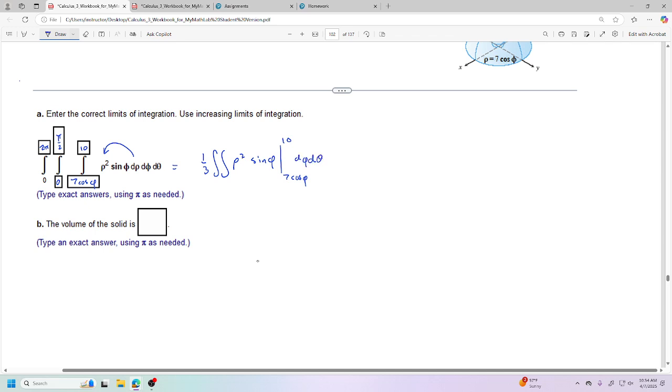Oh, that's a cube, not a square. And then I'm going to plug these in to get 10 cubed minus 7 cubed cosine cubed phi, sine phi d theta.